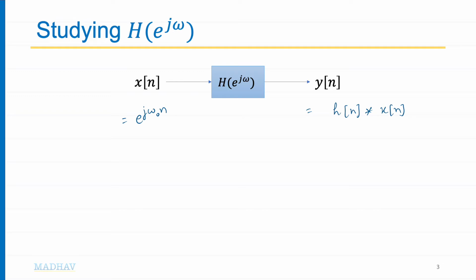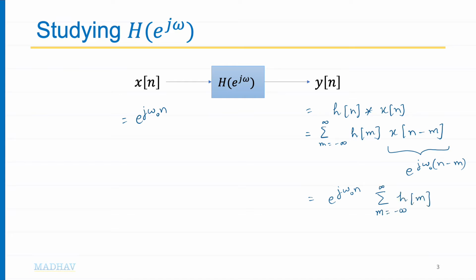Now let's put the values and see what these are. This is a simple formula for convolution: h of m into x of n minus m, and you sum over all the m. Now what is this x of n minus m? This is e^{jω0 (n−m)}, but e^{jω0 n} is not a function of m, so I can take it out as common, and the remaining terms remain inside the summation.